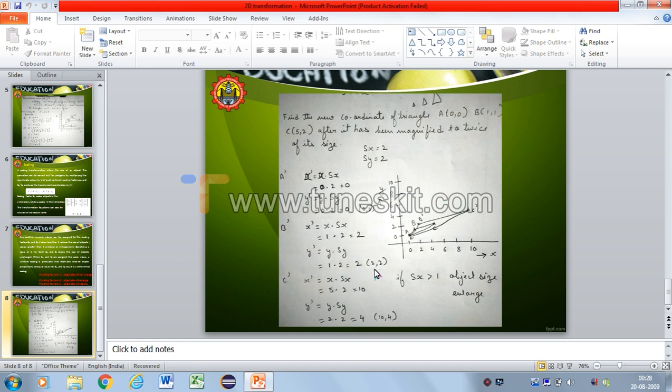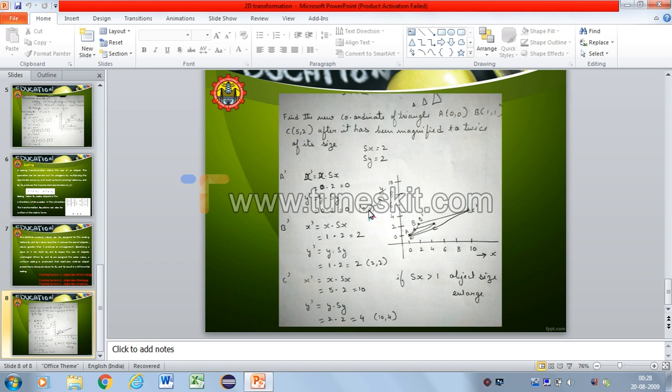Then you have got new coordinates 2 comma 2. Now we apply scaling factors on C coordinates. So how does C dash come? It has two coordinates x dash and y dash. How does x dash come? Original x is 5 into Sx is 2, 5 twos are 10, and y is 2 into 2 is equal to 4. We have new coordinates 10 comma 4.